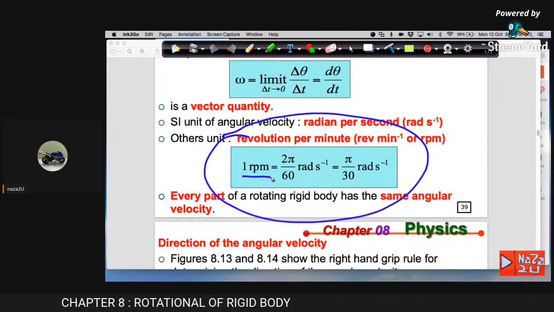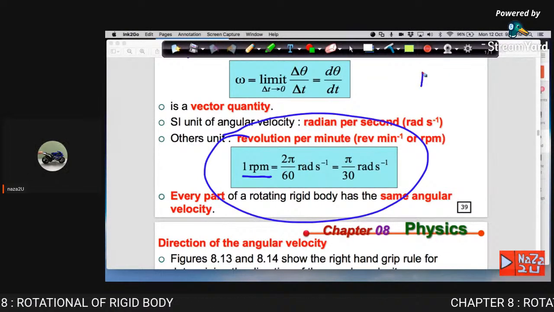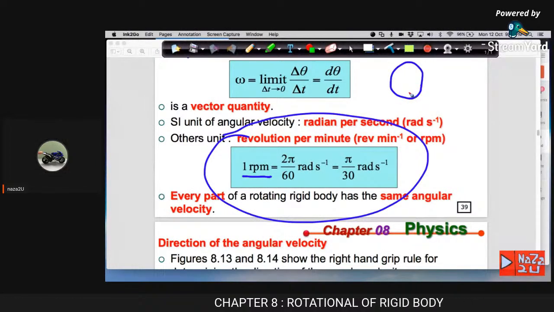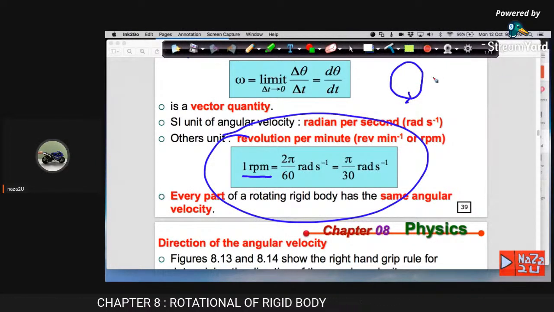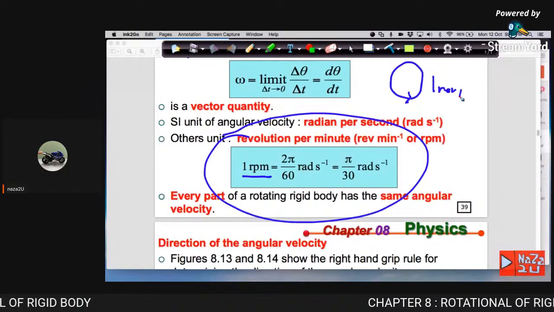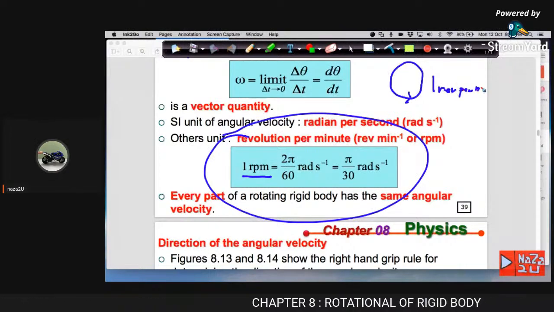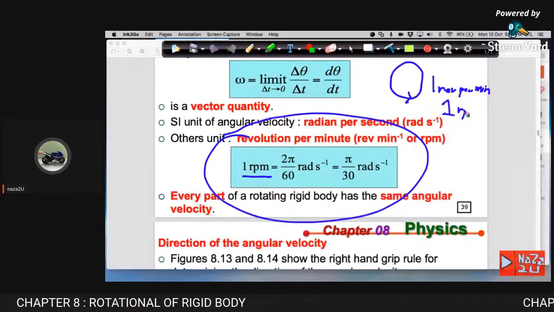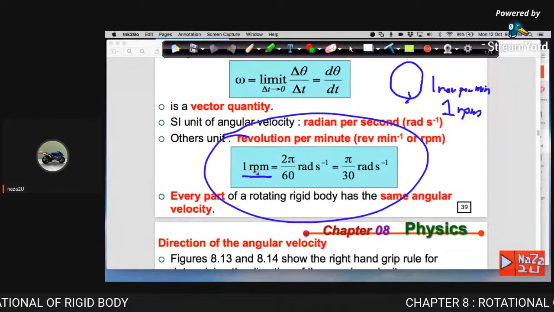So maksudnya apa? Satu putaran lengkap yang dibuat oleh jasad itu dalam masa 1 minit. 1 revolution per minute ataupun 1 RPM. Maksudnya jasad ini membuat satu putaran.